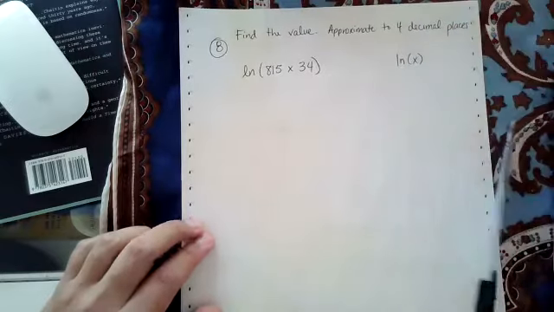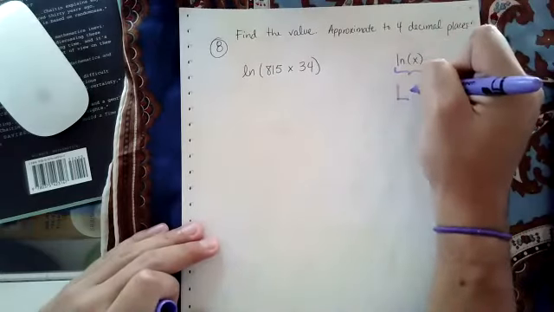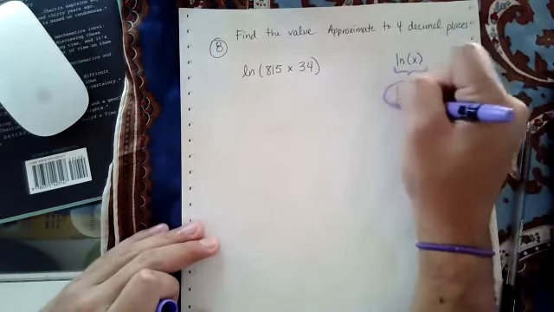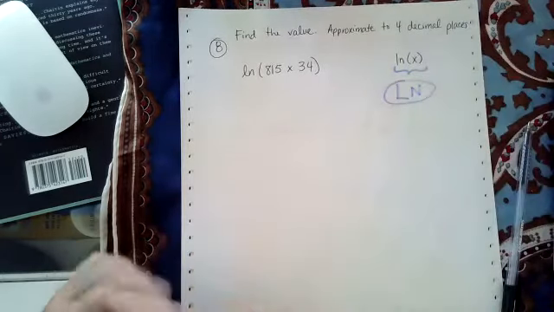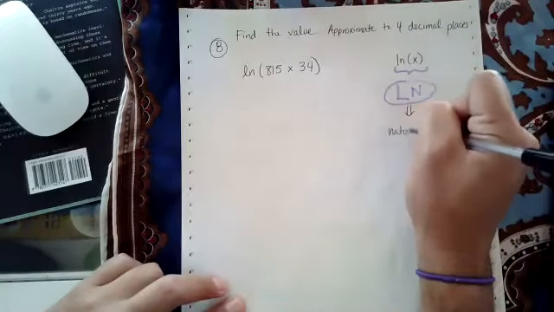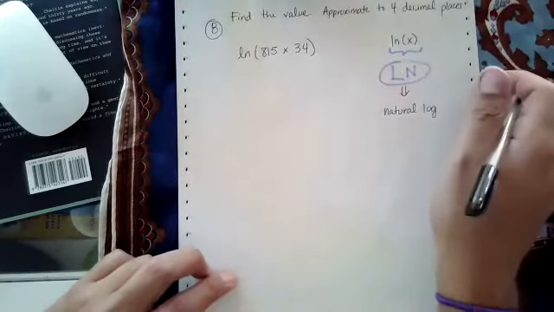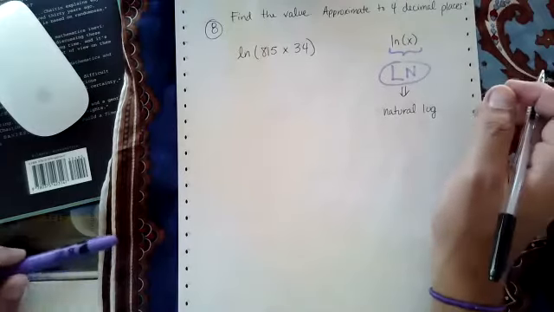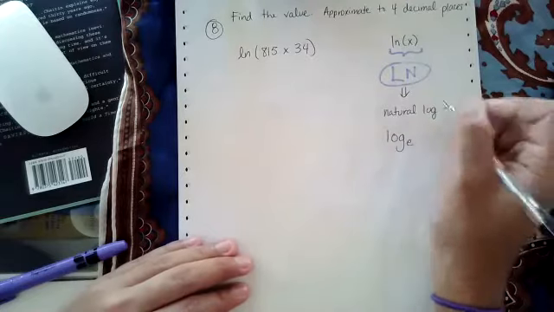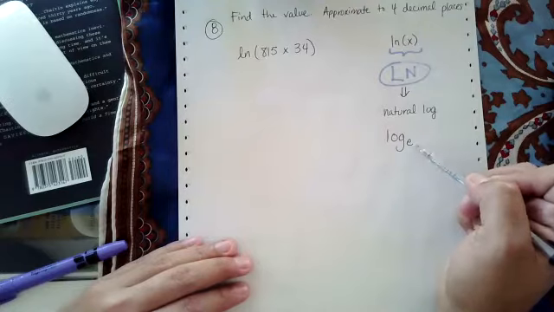This looks like "in," but it is not "in," it is ln, which stands for natural log, another very commonly used logarithm in science and engineering applications. This log is log base e, if you recall that special number that we talked about on Monday.